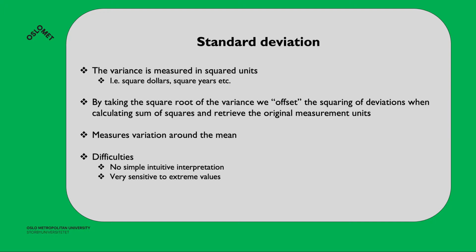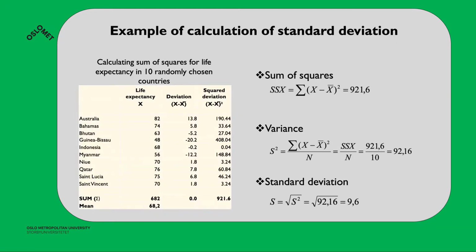So, okay, how do we calculate the sum of squares, variance, and the standard deviation? Let's look at an example. Here we have a calculation of the standard deviation for 10 randomly chosen countries, and as you can see, the mean life expectancy is 68.2 years.